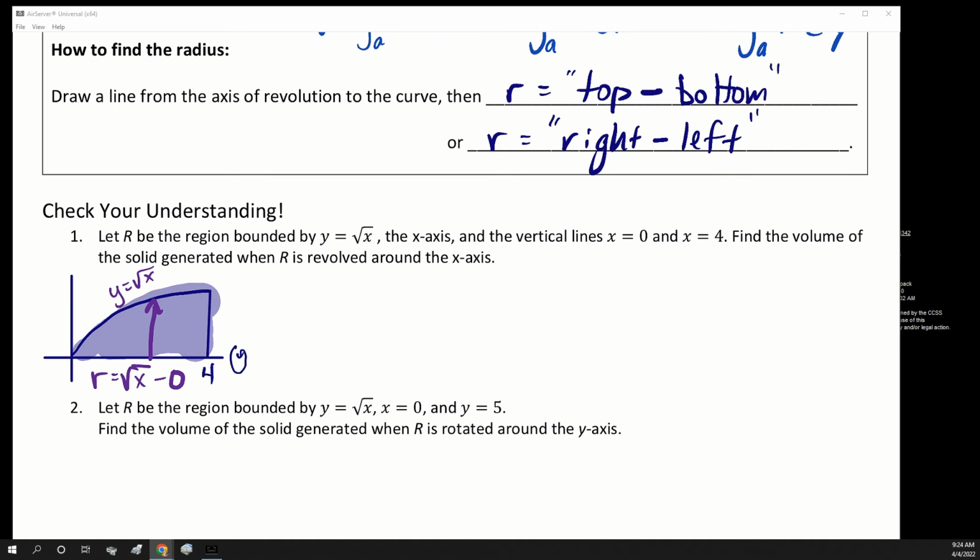All right, so we have what we need to find the volume. We're going to do pi times the integral. Right? And then if our function or our radius is in terms of x, we're going to go from x to x, so from left to right, which is going to be from 0 to 4 of the radius squared dx.